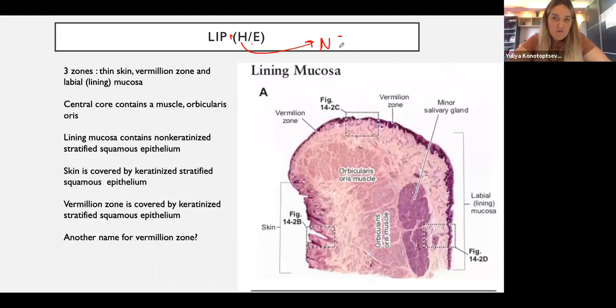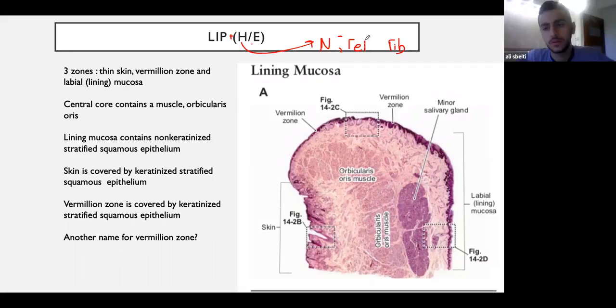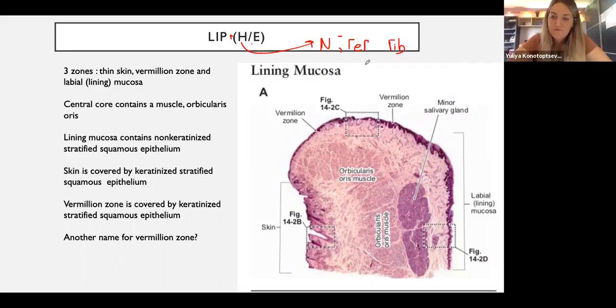Which other structures stain with hematoxylin? Nucleus, yes. What else? Ribosomes. And rough ER, yes. So rough endoplasmic reticulum and ribosomes.